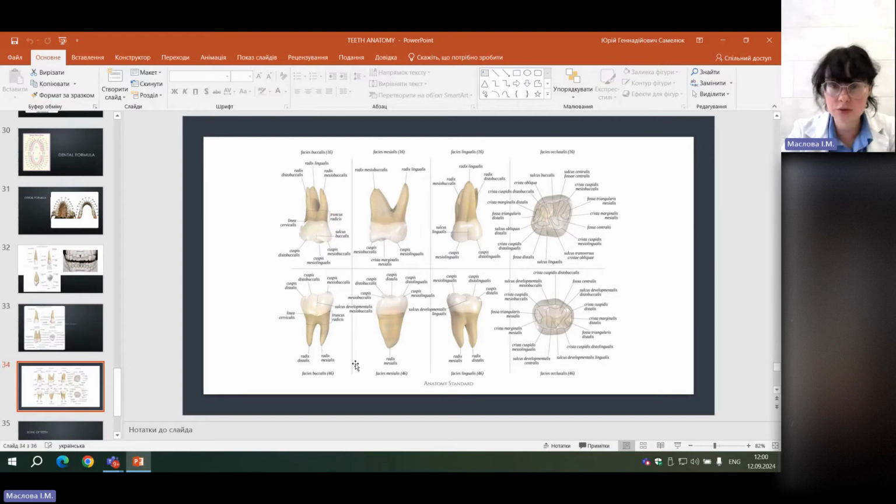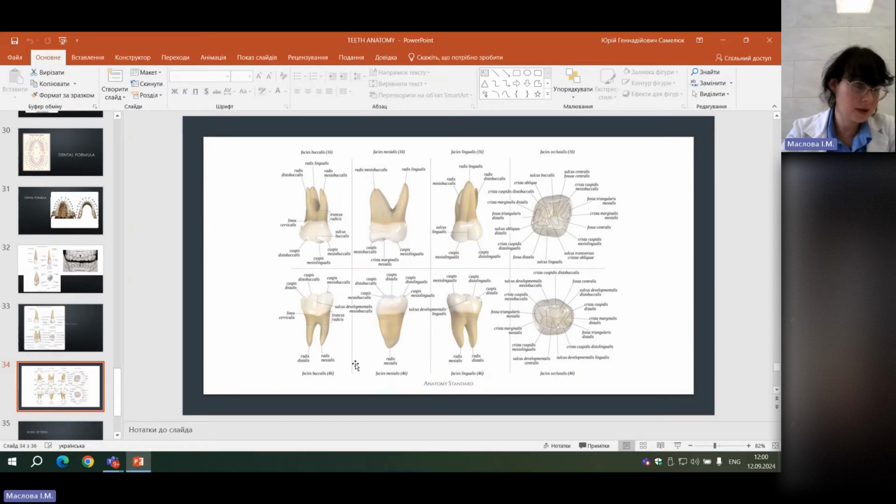When we talk about the number of roots of molars, upper and lower, we mean only first and second molars, without the third molars.